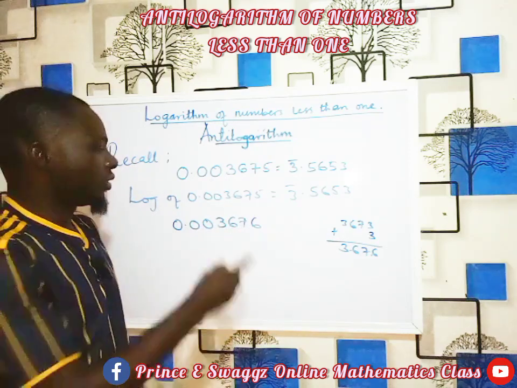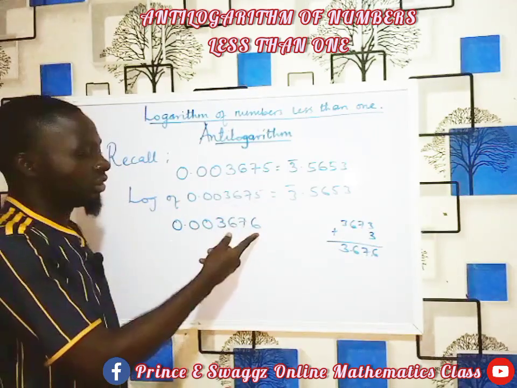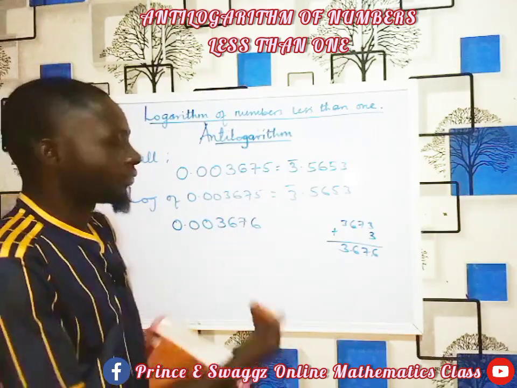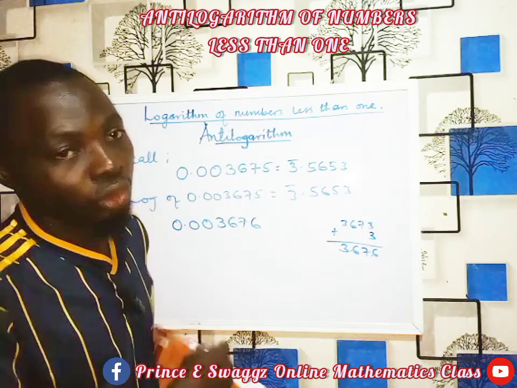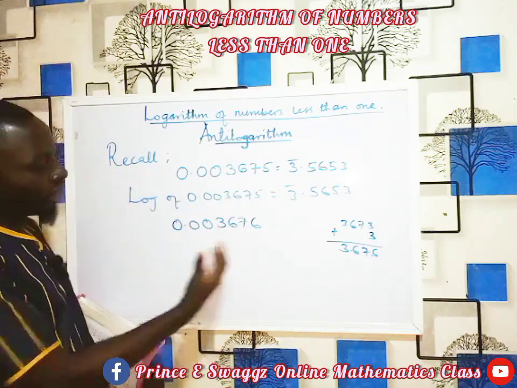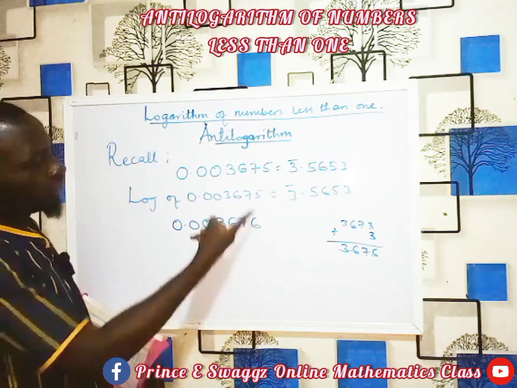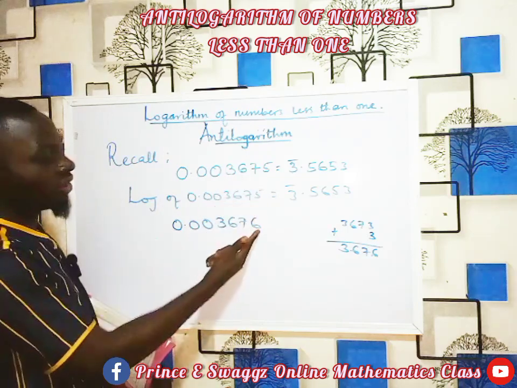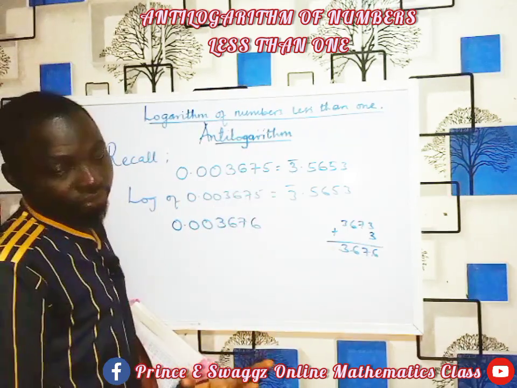0.00367. Now, you look at this: the 5 here and the 6 here are approximated values as well. We only look at the range, and you will see that 5 and 6 are in the same range.